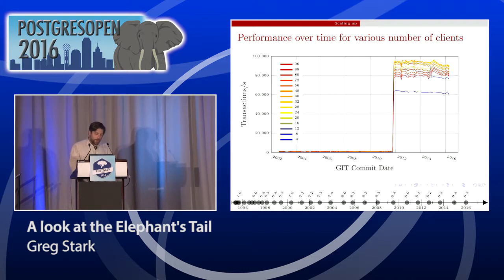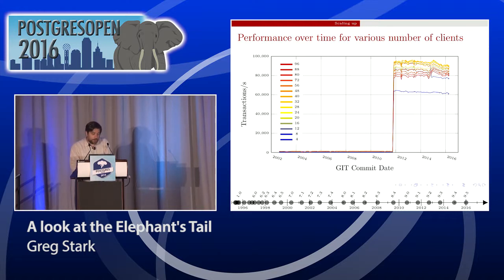The transaction rates went from hundreds. You can't even tell from the graph, and I've forgotten what the numbers were. They were on the order of 300 transactions per second, if I remember, to tens of thousands.